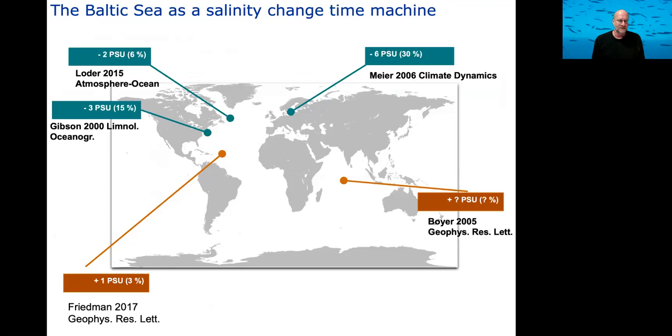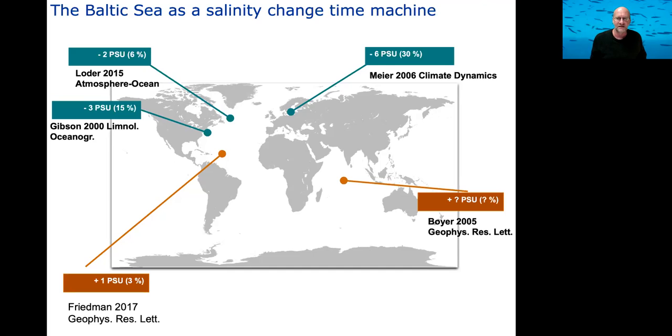So it can serve as a very nice natural laboratory to do studies on other predicted rapid changes in salinity that we are expecting in the global ocean. In particular in the tropical and subtropical areas, an increase of salinity is expected, whereas in many near polar regions or temperate regions, owing to enhanced freshwater runoff, melting glaciers, and so on, a decrease of salinity is expected.